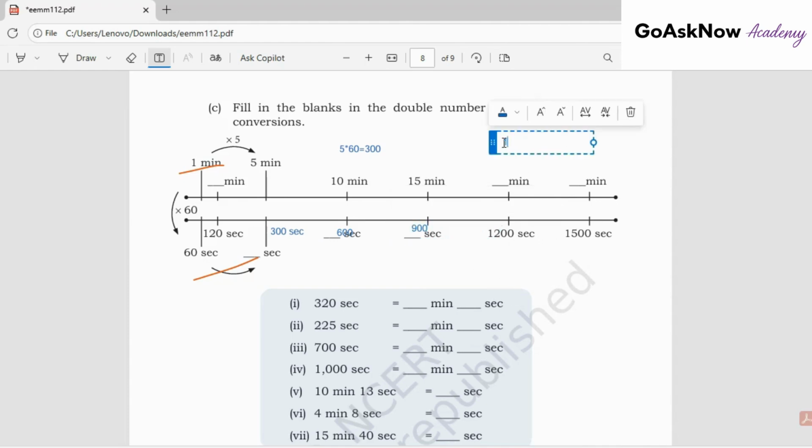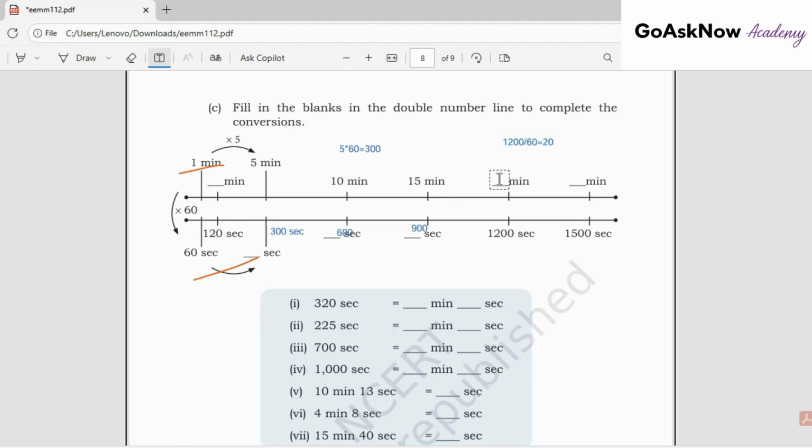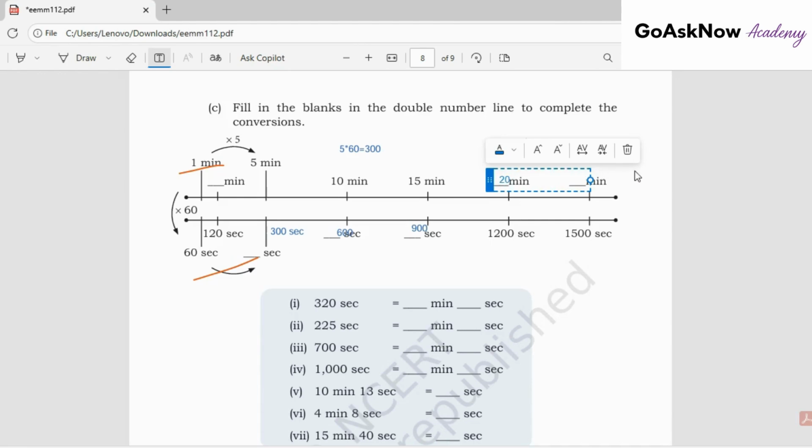Next 1200 divided by 60, which is equal to 20. The answer is 20. Next 1500 divided by 60 is equal to 25.